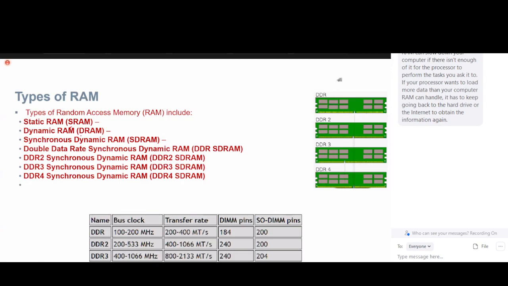SRAM or DRAM? Any of you? No, ma'am. Okay, you never heard about RAM, but you did hear about MAM, right? Correct?